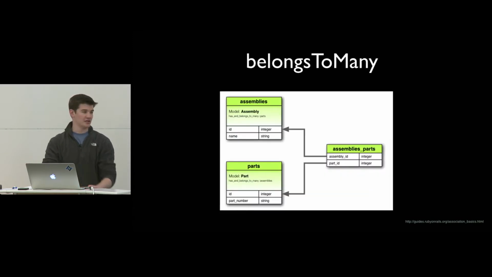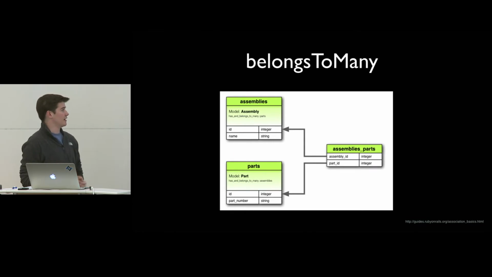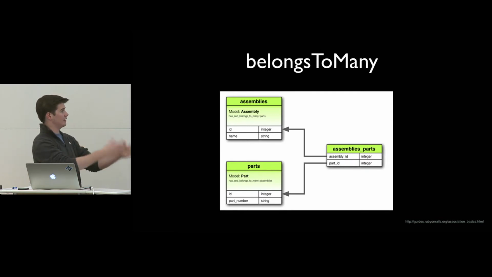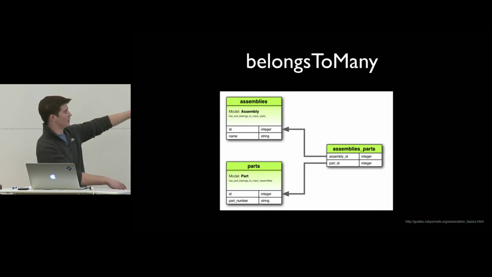And then belongs to many is the more advanced relationship that David had been going over earlier, where you join two tables via an interim table. In this case, assemblies parts is a join of the assemblies and parts, or in the example that we were giving earlier, the courses and the instructors were joined by a course instructor join table.